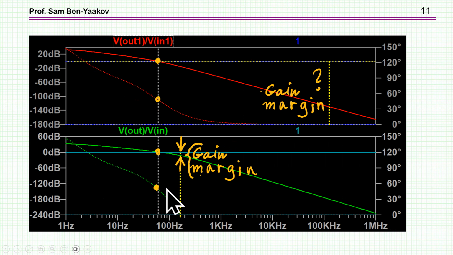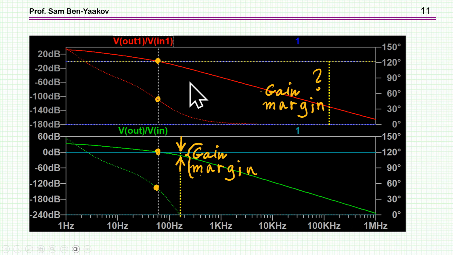And here it is in a zoom view. This is the crossover frequency. Here is the phase. Now the gain margin is the distance between the 0 dB and the loop gain when the phase is already 180 degrees, or in this presentation 0, because I've taken into account the negative feedback, so it's like 360 degrees.